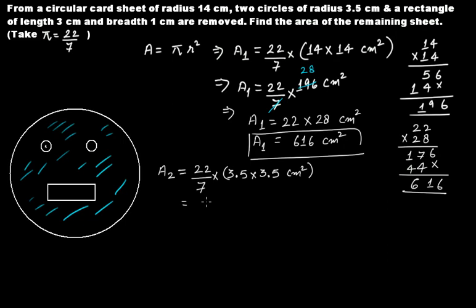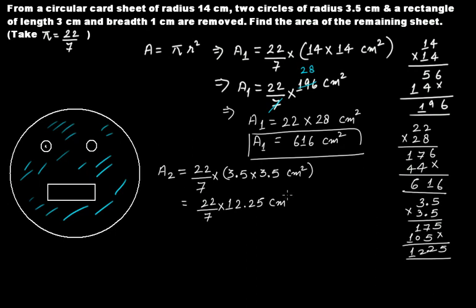So this gives you 22/7 times, if you multiply 3.5 with 3.5, you get 12.25 centimeter square.